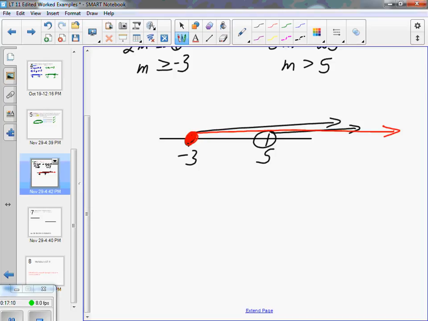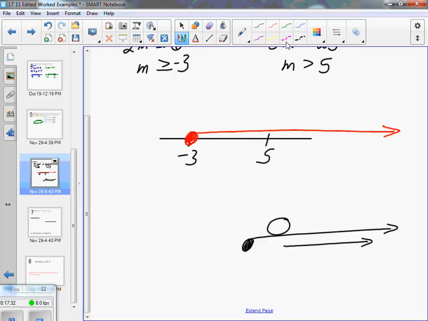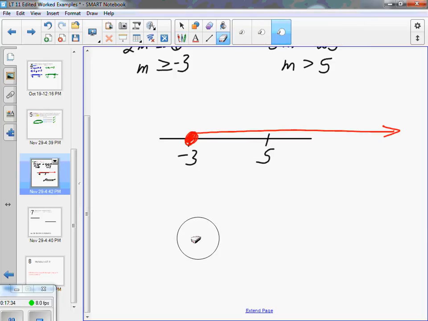So everything that I just colored in red is a solution because it's a solution of one or the other or both. I forgot to mention that possibility, or both. Okay? One or the other or both. So the actual final answer to this graph is that. I needed to do the other to figure that out, but that is the actual graph of the solution.